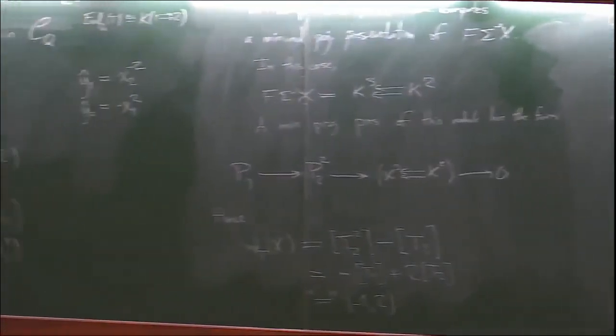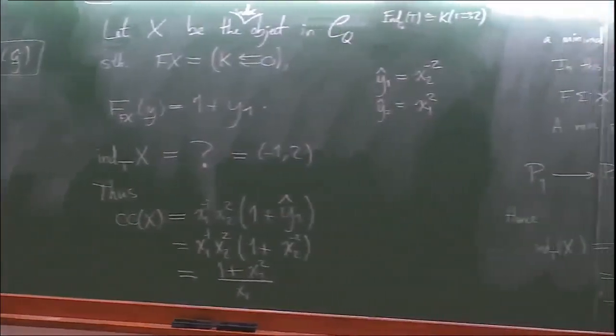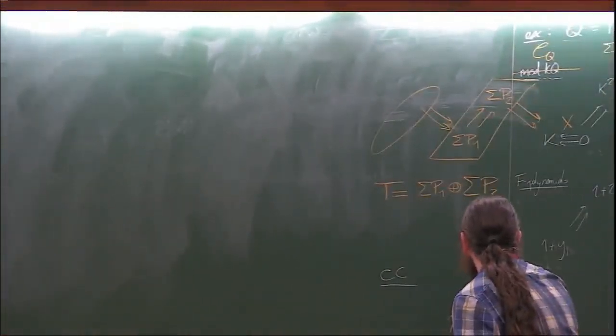So here I get x1. If you do the same thing for T2, you will get x2. And this is general: if you compute the cluster character of Ti, for Ti any indecomposable summand of your cluster tilting object T, then you will get the initial variable xi. So in my picture here, associated to these two shifted projectives, I get x1 and x2.